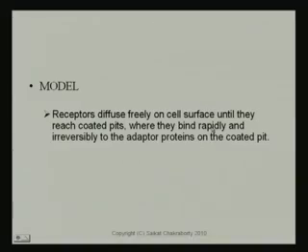What happens is that these coated pits are there. Whether it's a class 1 or class 2 doesn't matter; whether the receptor is already bound to the ligand or not bound to the ligand is not important. These receptors will freely float around on the surface of the cell till they reach the coated pit, and the coated pit consists of 3 kinds of proteins. We discussed that earlier in the picture we showed.